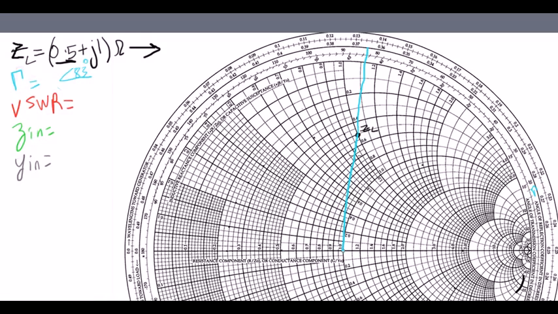How do you get the magnitude? It's basically you divide the length here over the length of here. So it's a ratio.